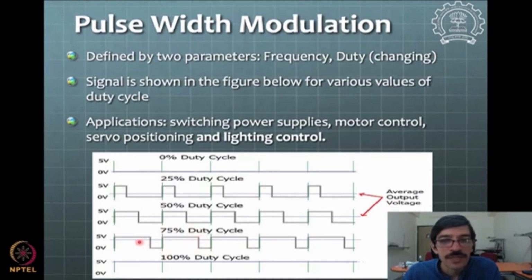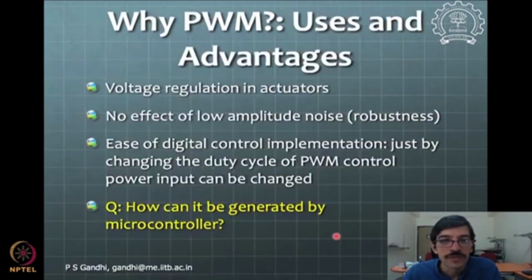That is how you drive some kind of average voltage into the application. We have already talked about why we need PWM and these details, such as the advantages because it is a digital signal and there is no noise effect. I'm just reiterating some of the things we have already seen.